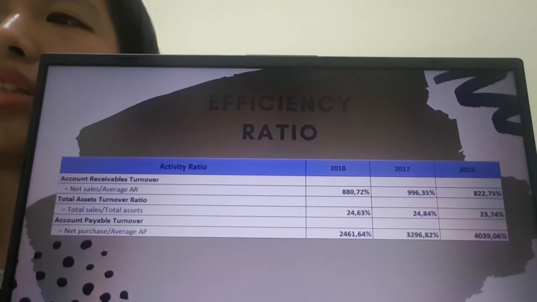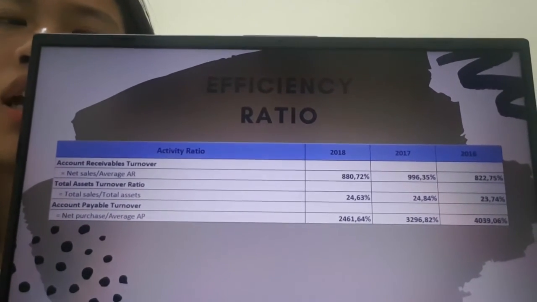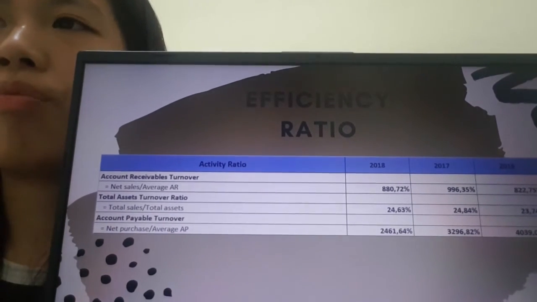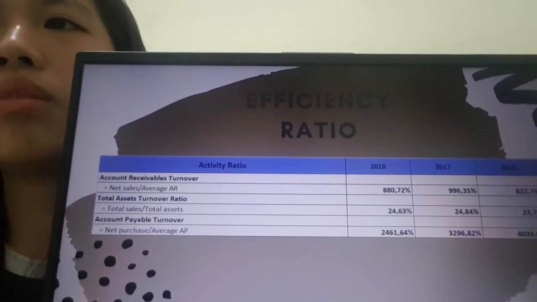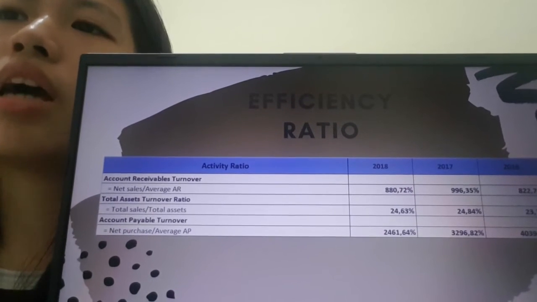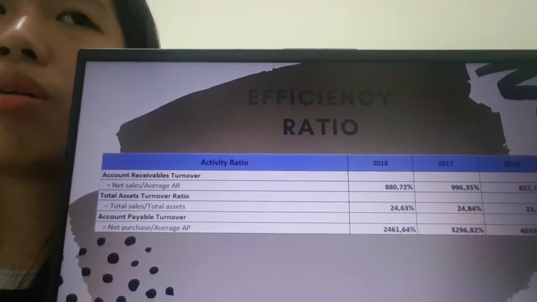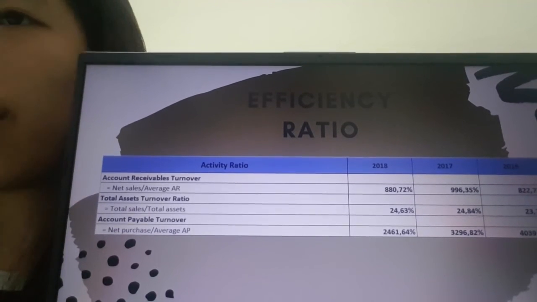So it is decreasing from 2016 to 2018, and we see that this number is good for the company because their purchase is not from account payable, they pay it by their assets, so they have less debt.